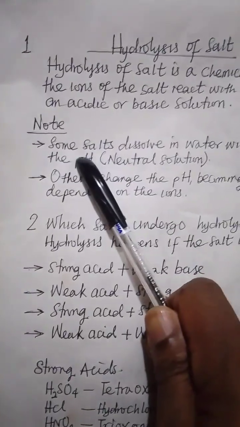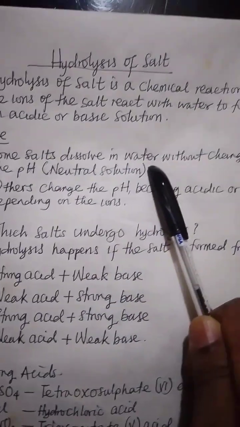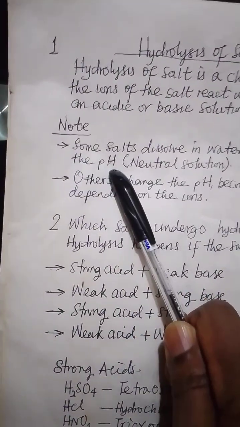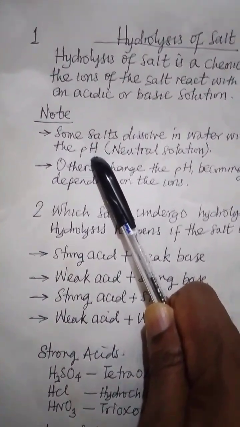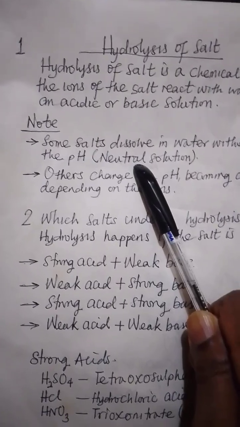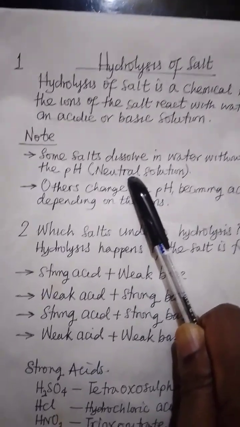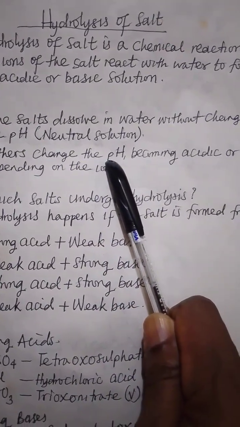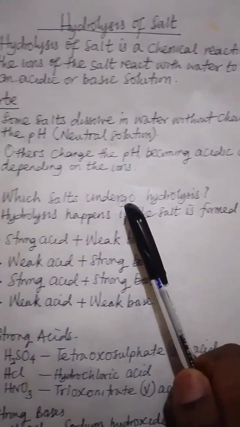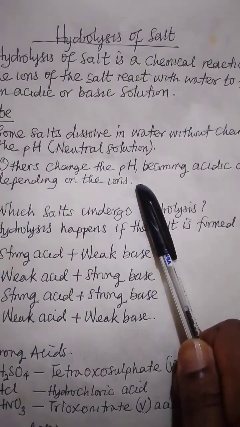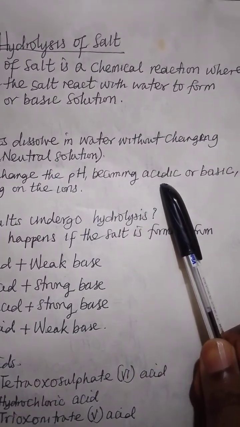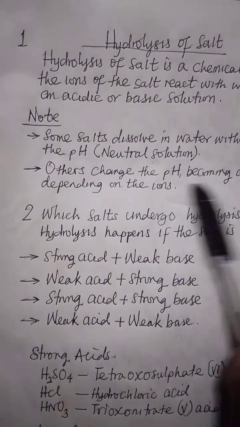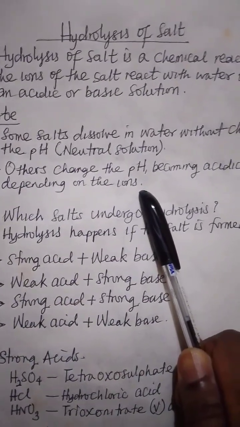Note, some salts dissolve in water without changing the pH. Such solutions are said to be neutral. Others change the pH, and then when this pH changes, the solution either becomes acidic or basic, depending on the ions present.